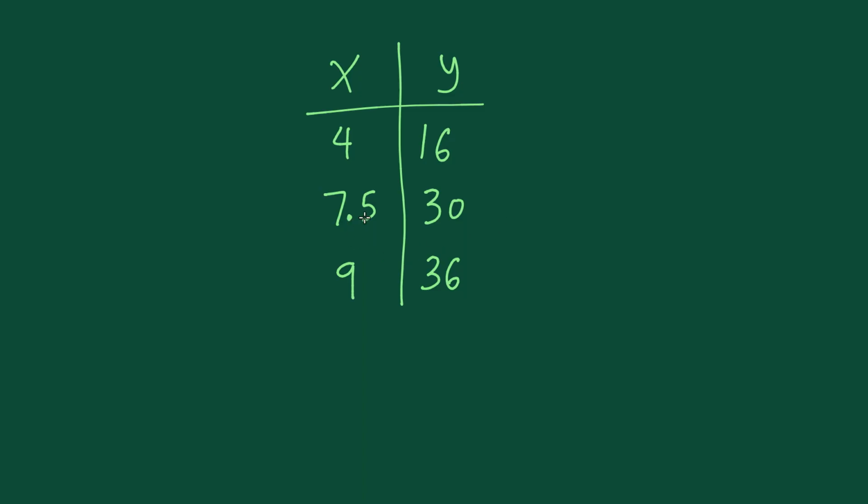You give it 7.5, it'll turn into 30. You give it 9, you get 36. Input, output. Our output is going to take the input and do what in this case? Hopefully you can see it. Multiply by 4. Okay, this is our function. Our rule is multiply by 4.